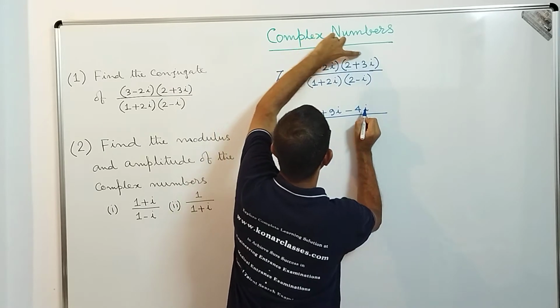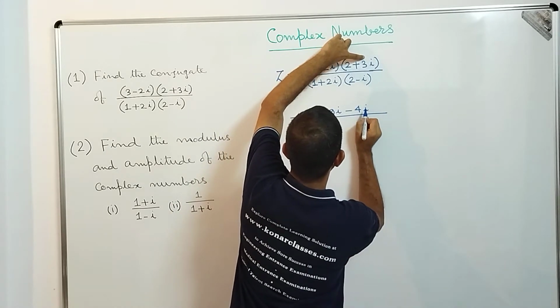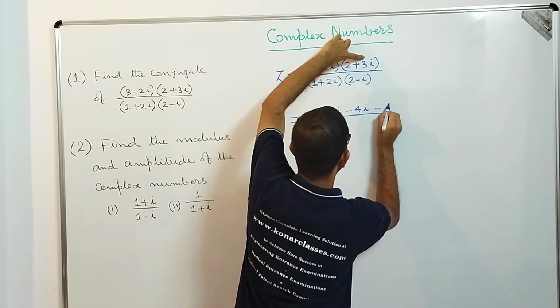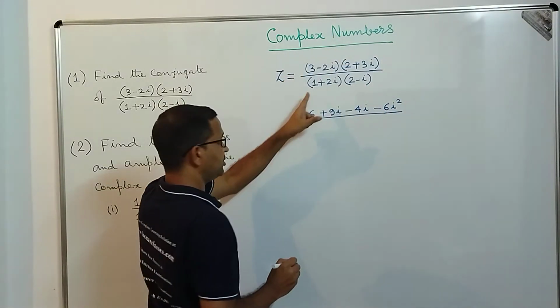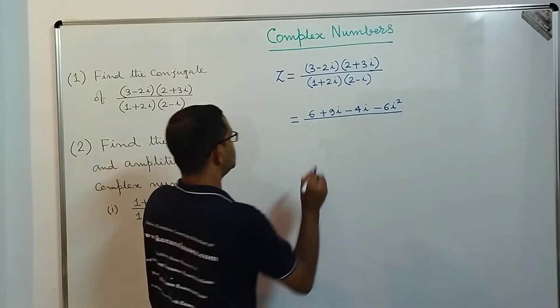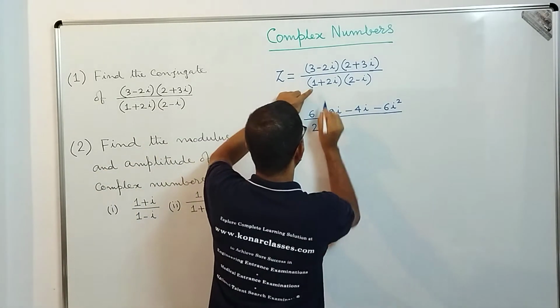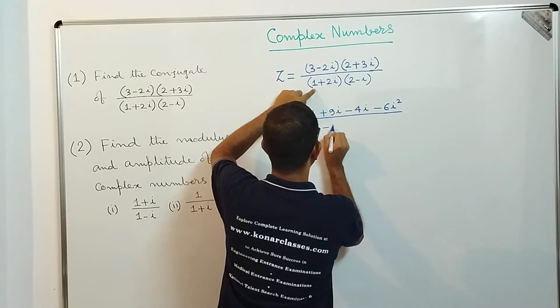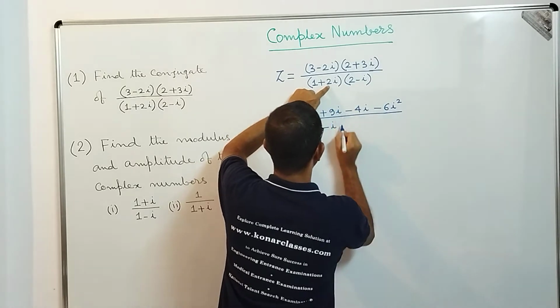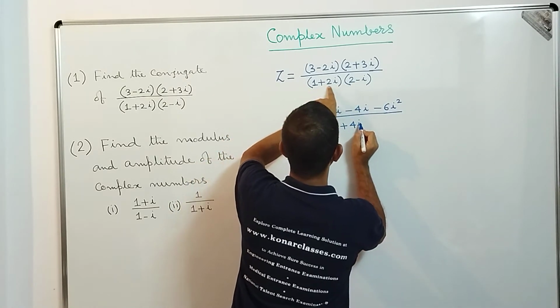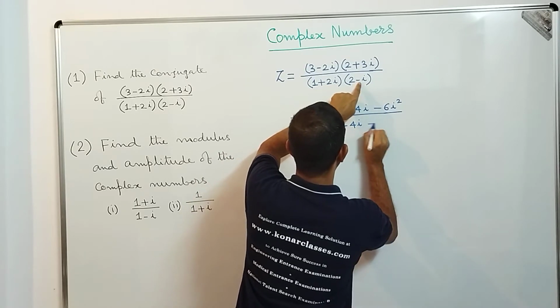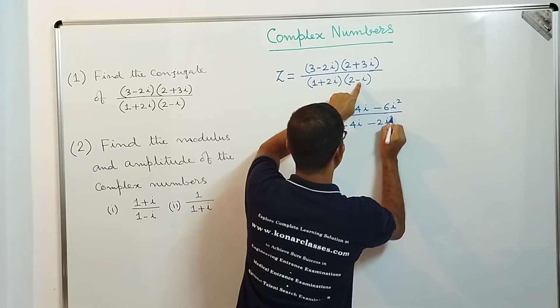Then minus 2i into 3i, that means minus 6 into i square, divided by, in the denominator what we get, 1 into 2 is 2, then 1 into minus i is minus i, 2i into 2 is 4i, and 2i into minus i, that becomes minus 2i square.